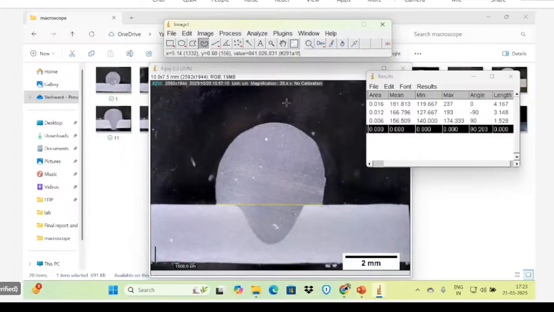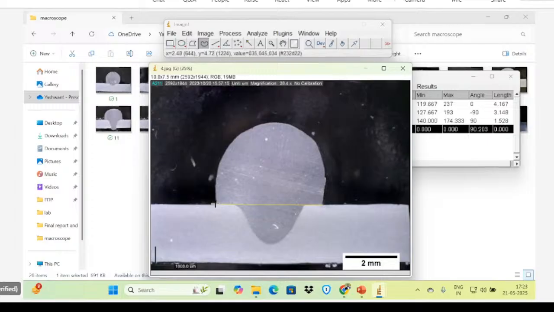This freehand selection we have to select, and then we have to drag this. We have to precisely drag, because like this small error can be generated.